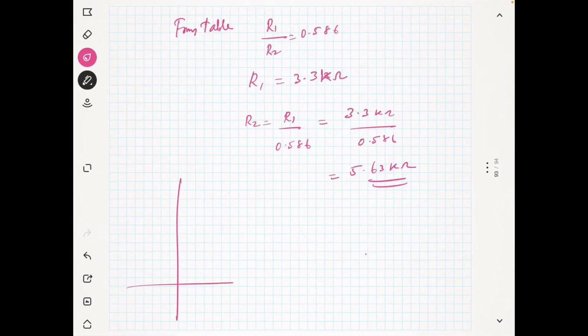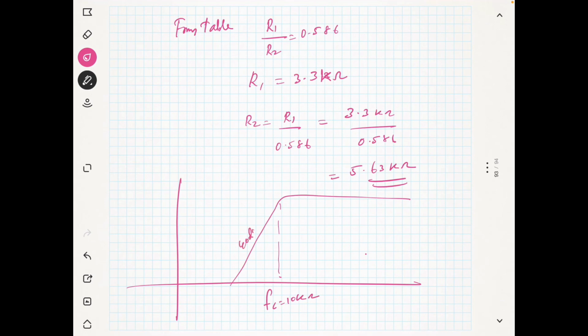Before that, I will give you the response. This is the response. Fc is equal to 10 kilohertz, and this is a second order filter, so it is 40 dB per decade. This is the slope.